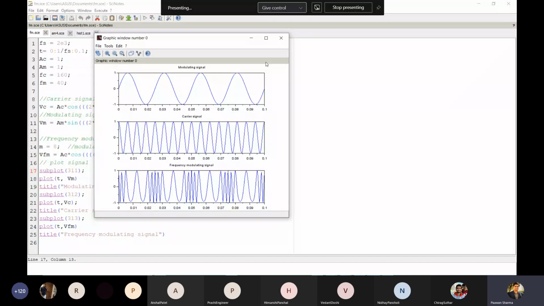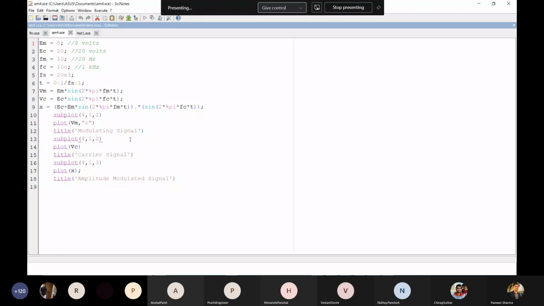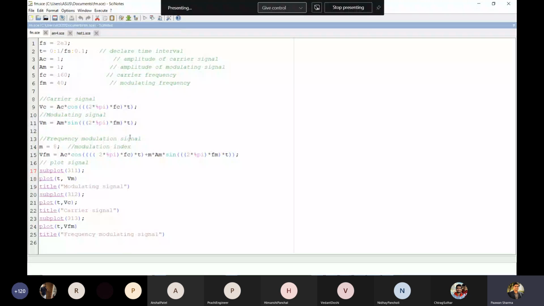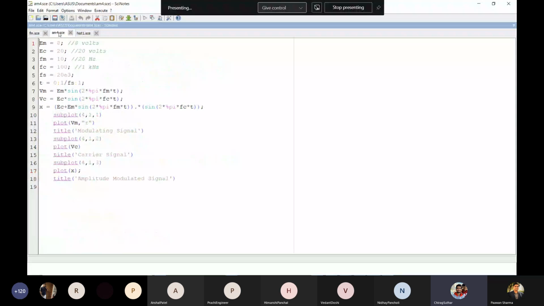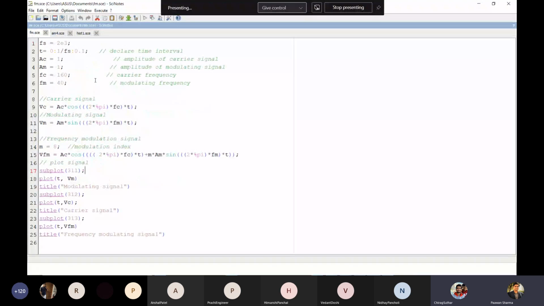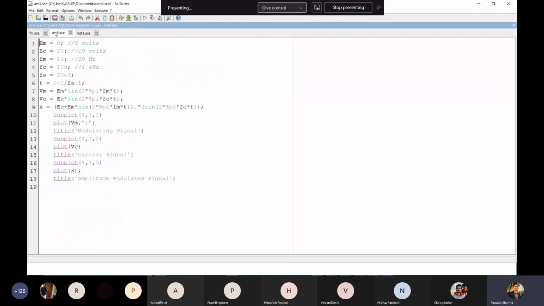Any difficulty in that? In the AM part? Because I will strictly follow the deadline. This was the code for AM and this is FM. Sir, the AM code is running properly. Okay. So all students should have a look at these files, and I'll share the screenshot of this.